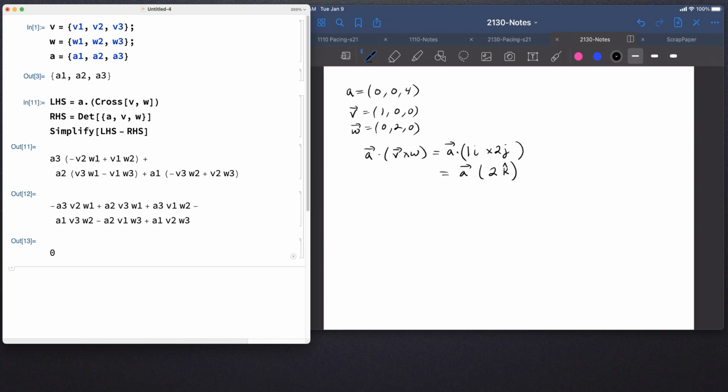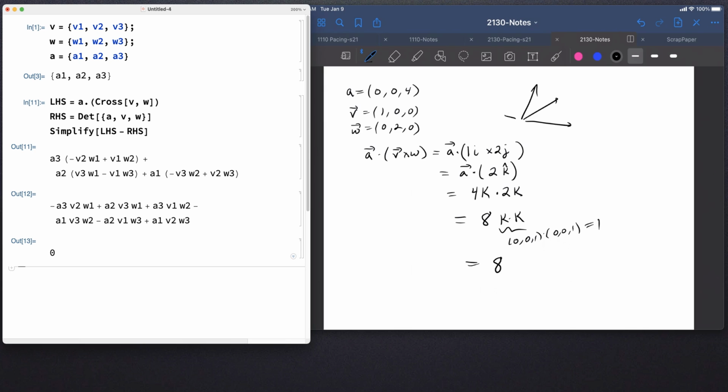Now the vector A is 4 times the vector K, dot producted with 2 times the vector K, which is going to be 8, K dotted with K, but K dotted with K is 0, 0, 1 dotted with 0, 0, 1, which is equal to 1. So there we get our number 8, which looks an awful lot like just taking the numbers 4, 1, and then 2.